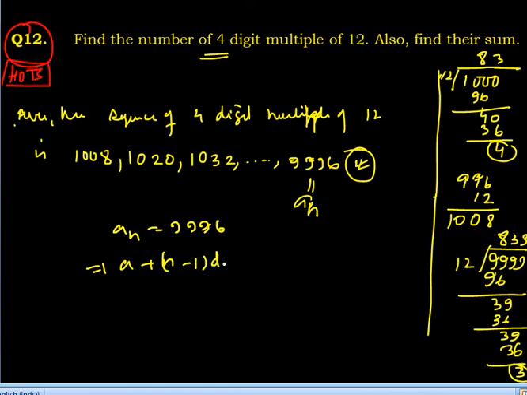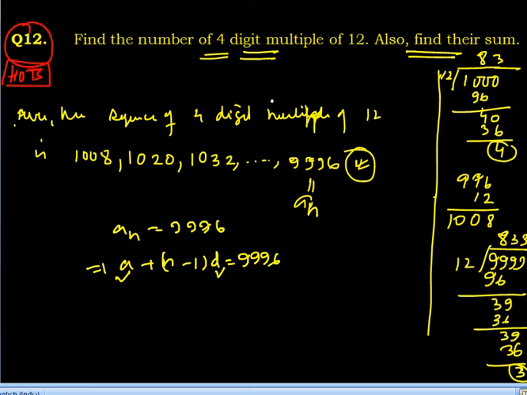I am not doing the problem for you, do the problem yourself. Put in this number and you will get the first part, and the moment you get that, find the sum. Very easy, right? You can do this problem very easily.